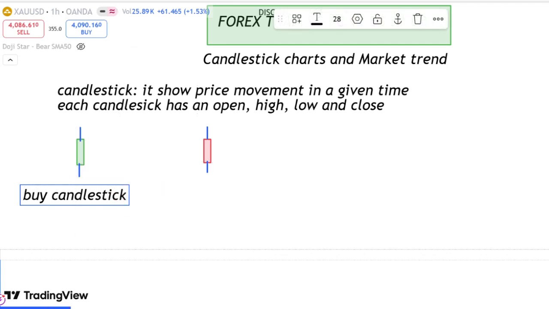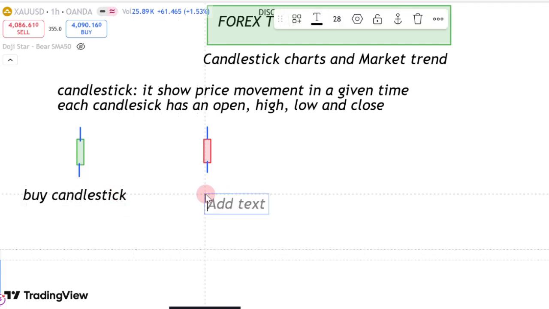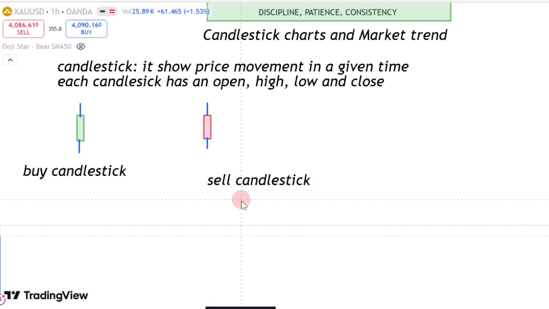And this is also what? A sell candlestick. Sell candle. This is also a sell candlestick.